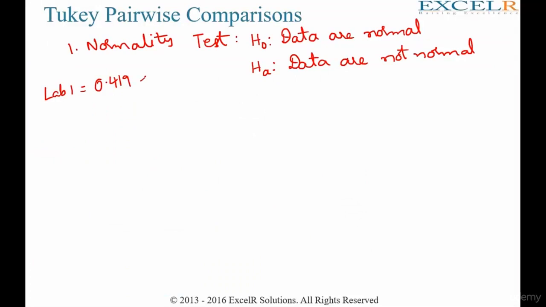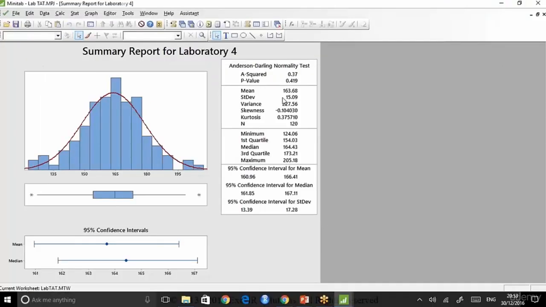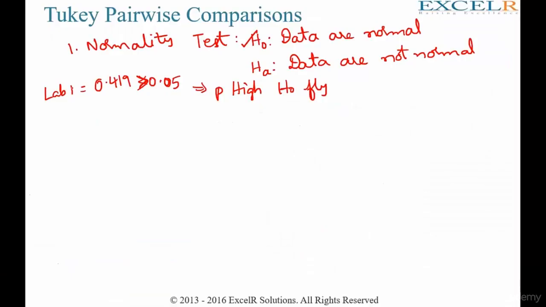Since this p-value is greater than 0.05, what does it imply? That implies p high, null fly. That means you fail to reject the null hypothesis. Data are normally distributed. All right, this is for laboratory 4.